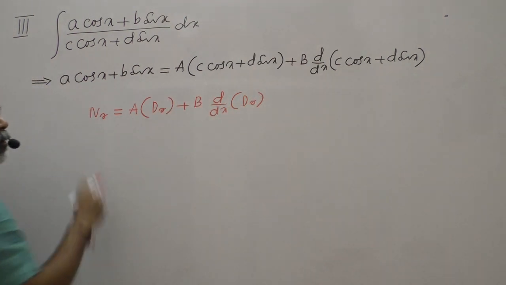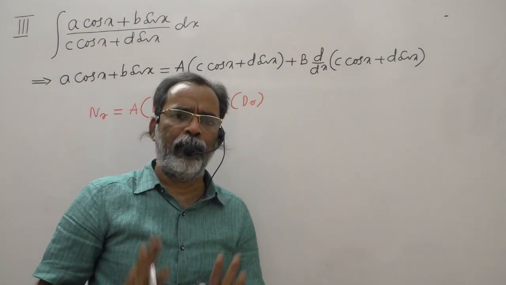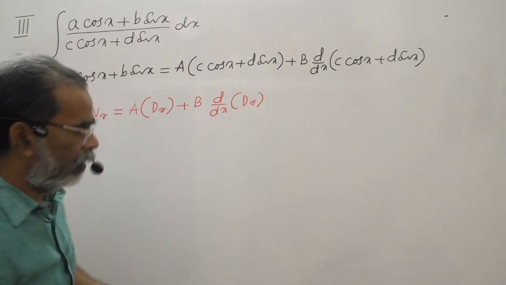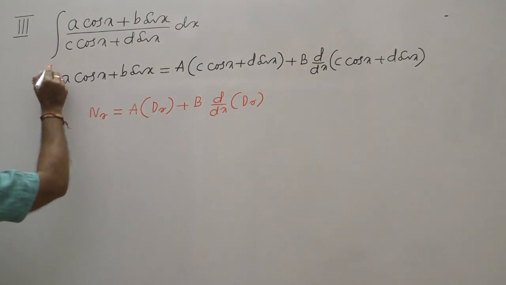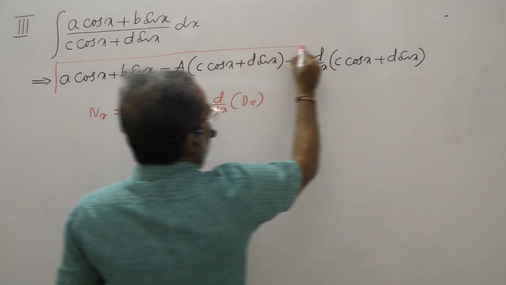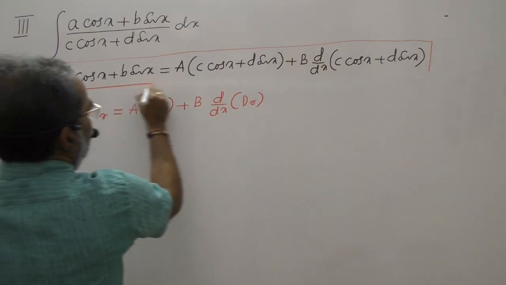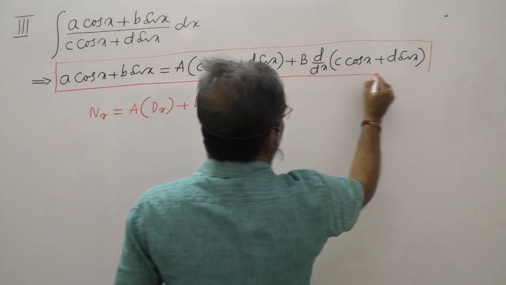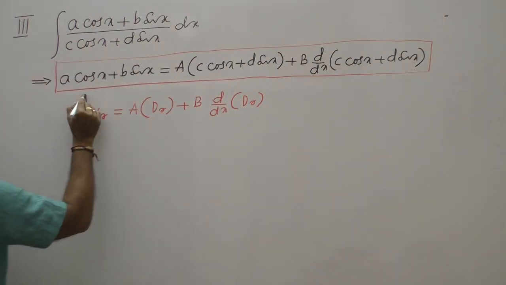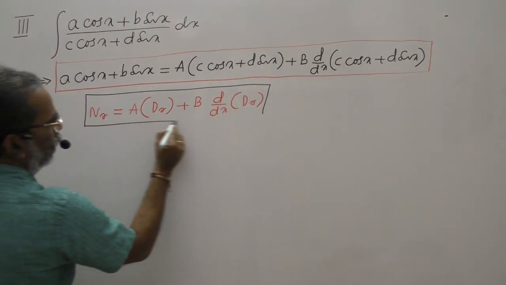If you adopt this procedure, automatically the given integral will come into standard integrand. Easily you can integrate this. So numerator equal to a into denominator plus b into d by dx of denominator. Both are same. Yes, this is the procedure for this.